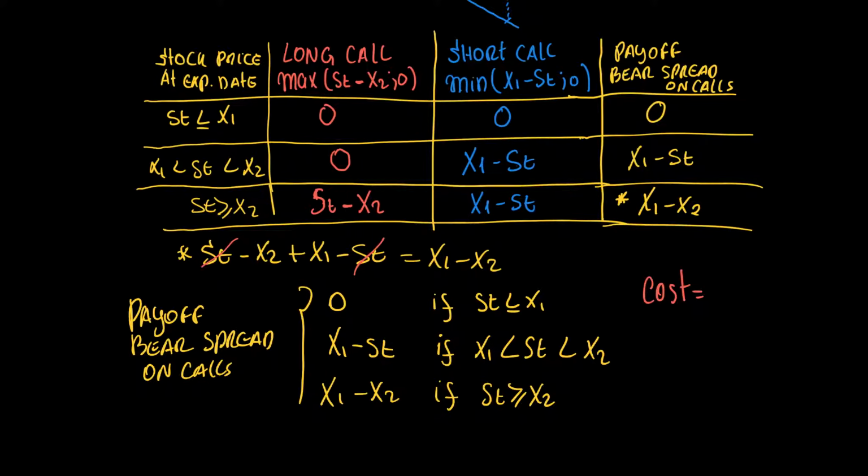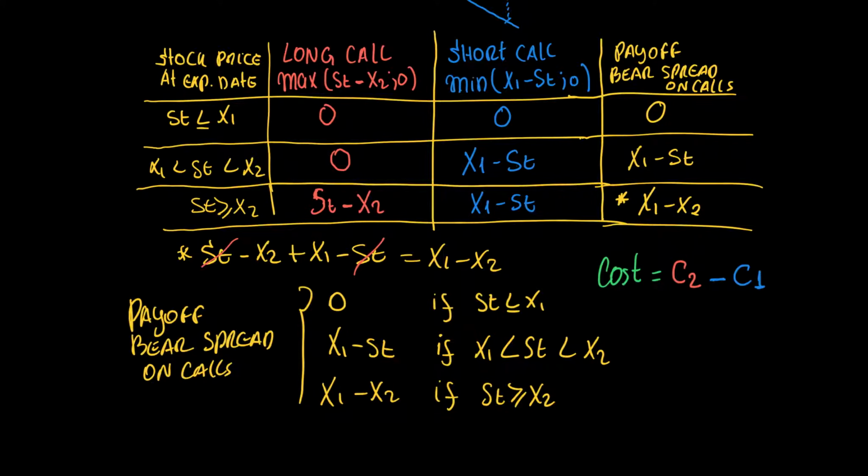And again, the cost of building such a strategy is always the same. It is what I go long, with strike price index 2, minus what I go short, with index 1.